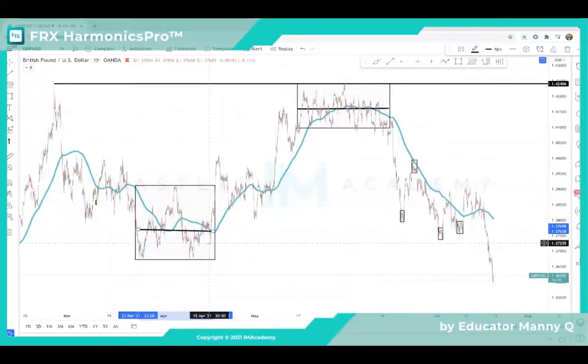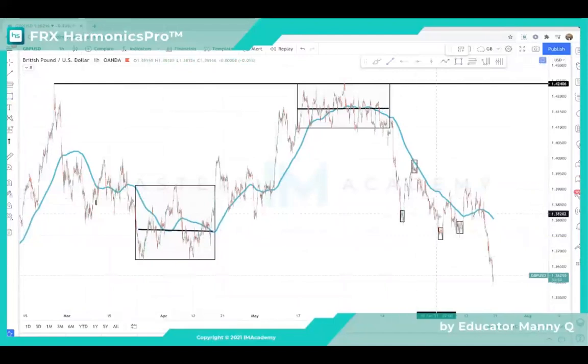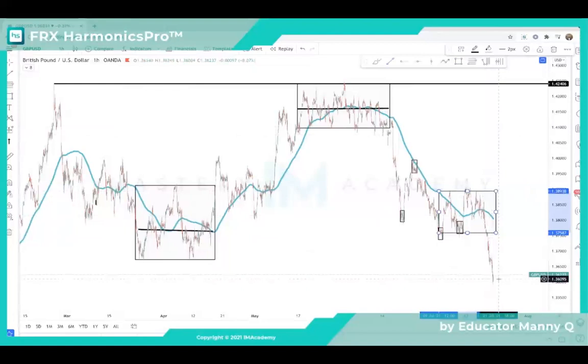When it does that, this will help you identify, okay, this is an area of accumulation or distribution, right? Now, as you can see right over here, this market began to flatten out over here as well. But this market cycle did not go bullish. This market cycle continued to go bearish, okay?